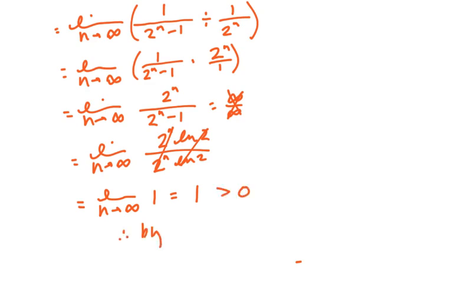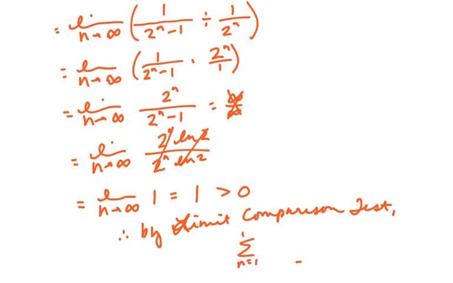Therefore, by the limit comparison test, we can say that the sum from n equals 1 to infinity of 1 over 2 to the n minus 1 converges because the comparison series converges.